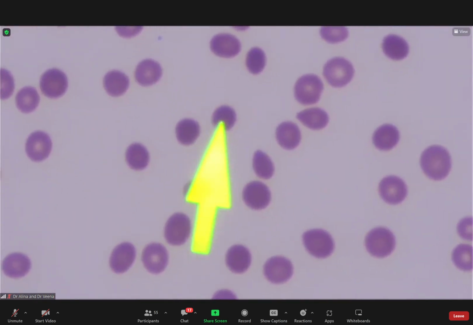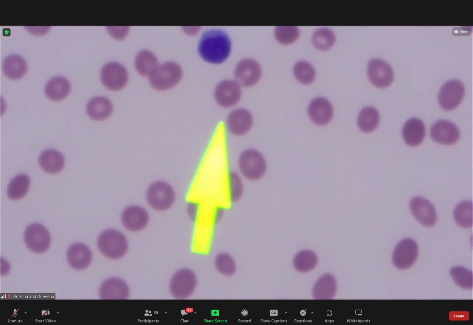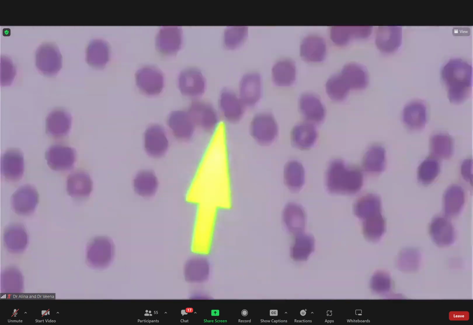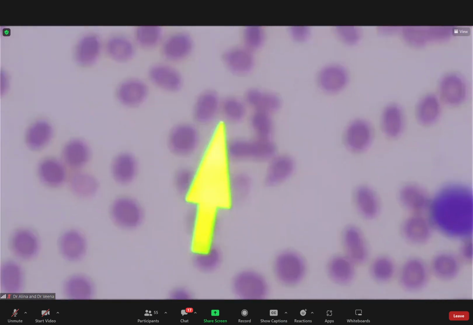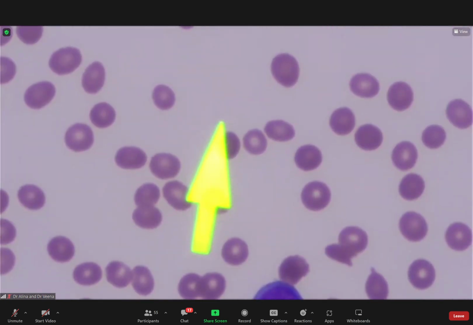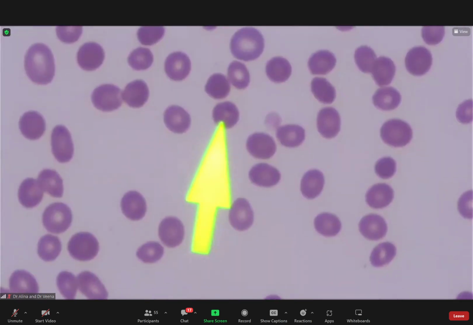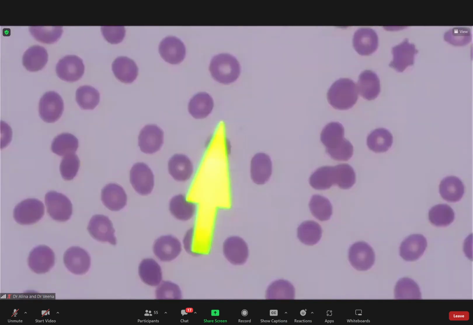Yeah, in transformation. I do say this one was quite tricky. But I gave you marks if you answered LPD or CLL, because of the background, the age, the red cell changes, the fact that they had smudge cells, okay? So most of you did get LPD.